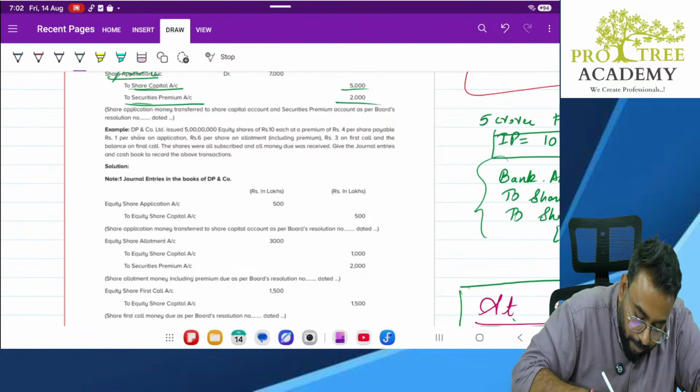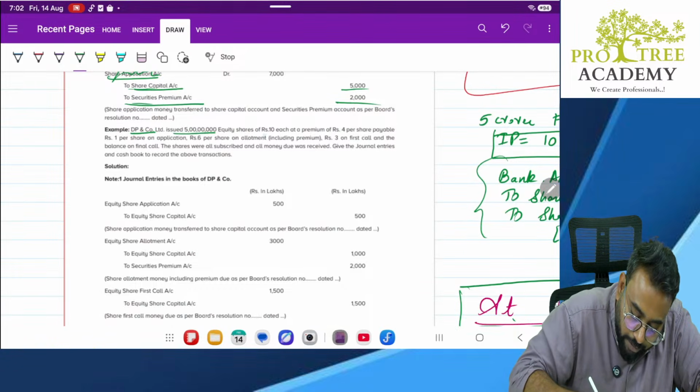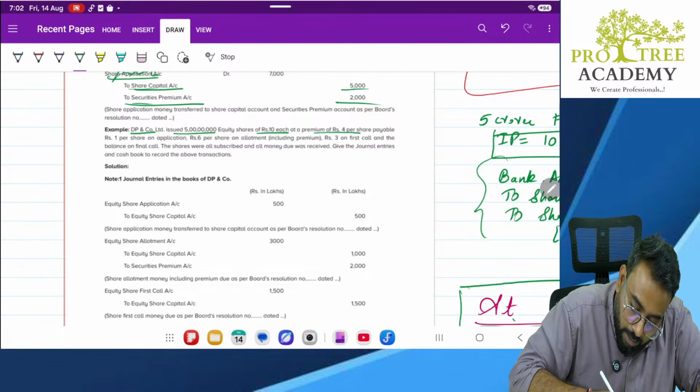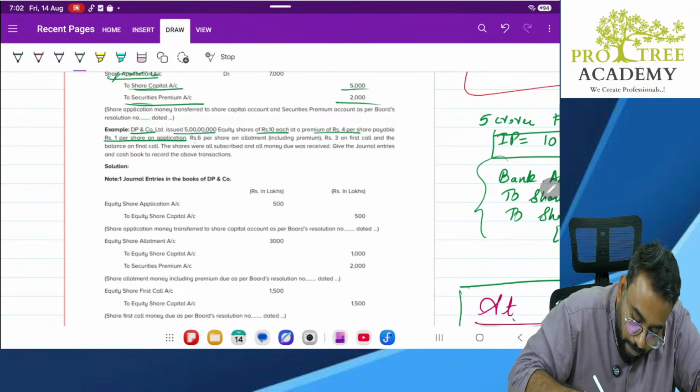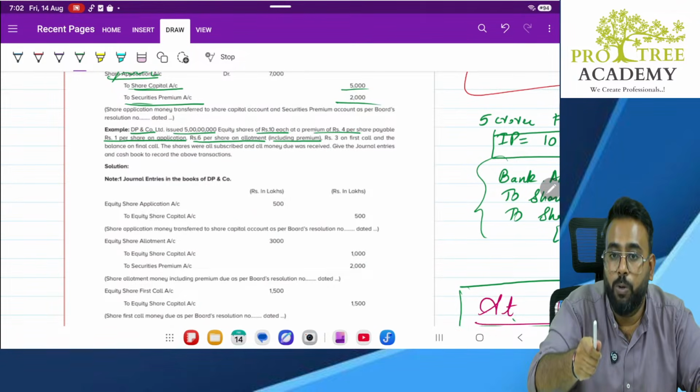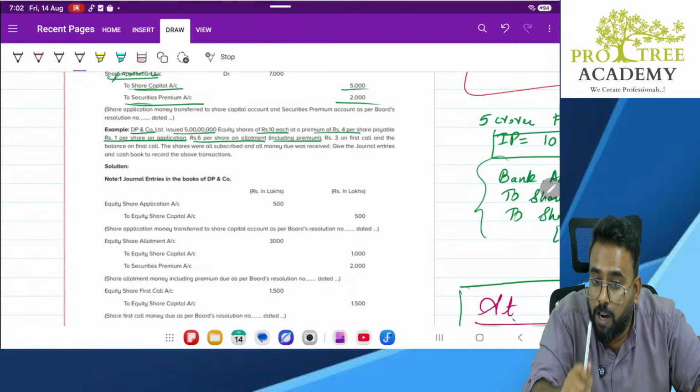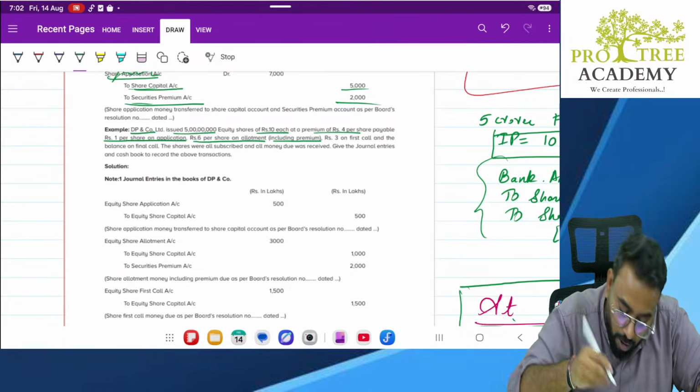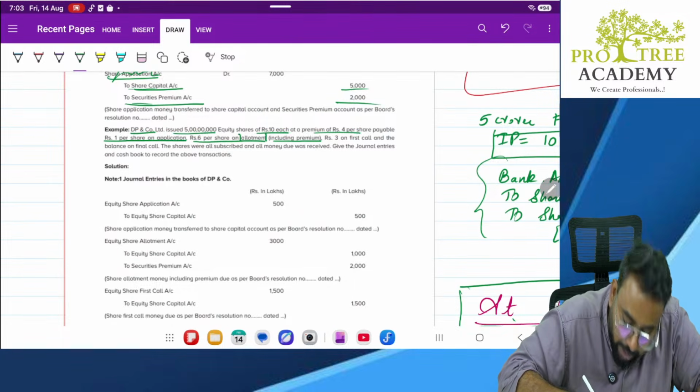Next, DP and Co Limited issued 5 crore equity shares of rupee 10 each at a premium of 4 payable like this: 1 rupee per share on application, 6 rupees per share on allotment including premium. Have I not told you? When there is an installment basis, premium will always be paid on allotment.